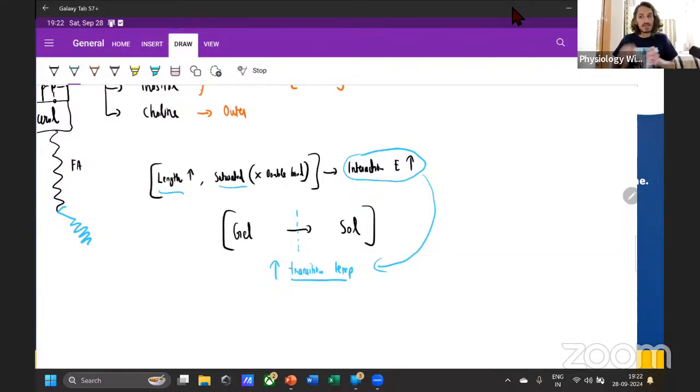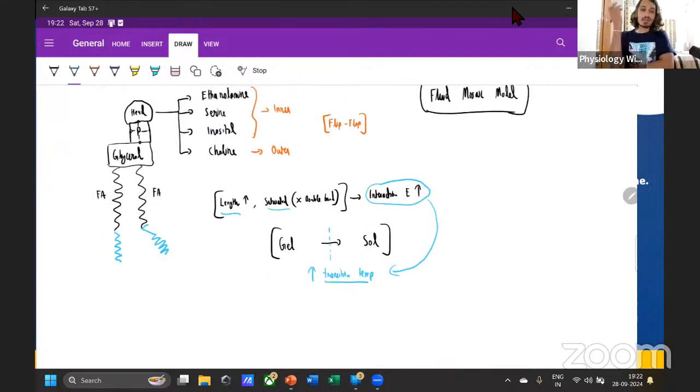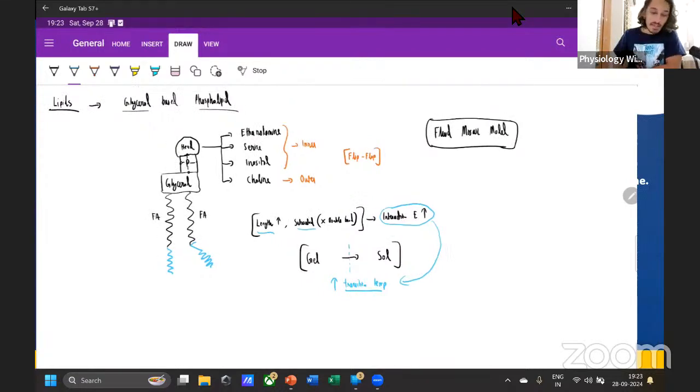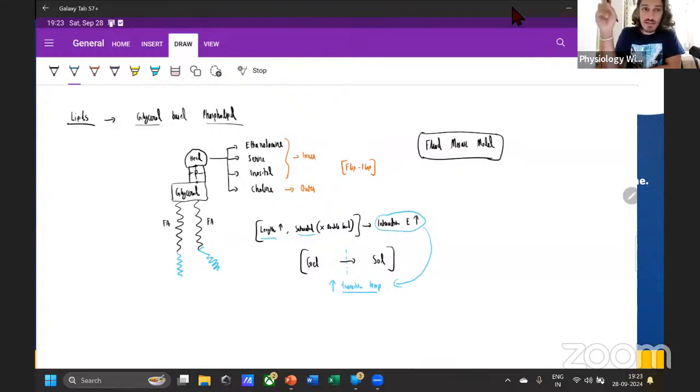So micro domains of different fluidity are also present. This is all the important concepts regarding your phospholipids. I'm trying to teach you things more than what you must have studied in school and all that. So first, we did lipids as a glycerol-based phospholipid and how it is helping over here.